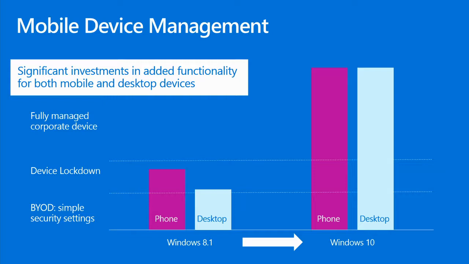On the phone side, we took it a little bit further, where we could lock down the device, configure it as a kiosk or a single-purpose line of business device. With Windows 10, first, we're consolidating the functionality between the two OSs, so they'll have exactly the same MDM agent in both. And we're significantly beefing up the support that's in the MDM stack to add a lot more settings.